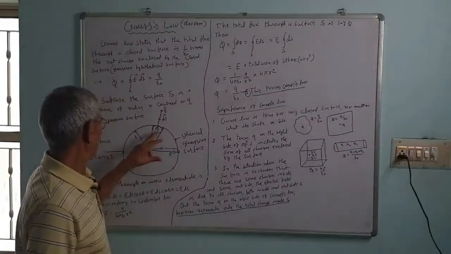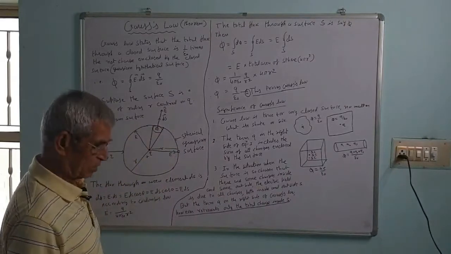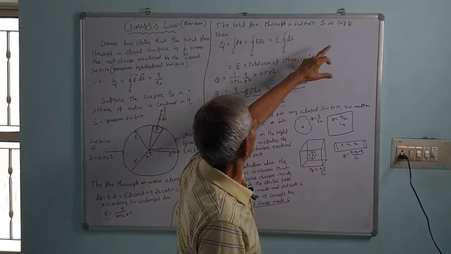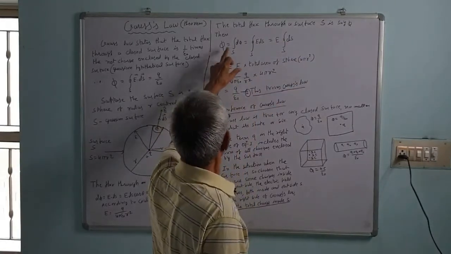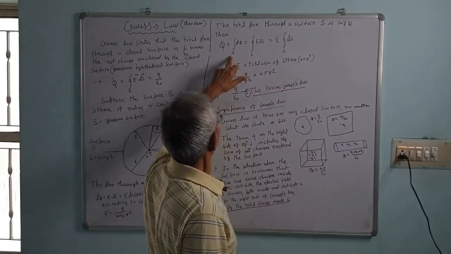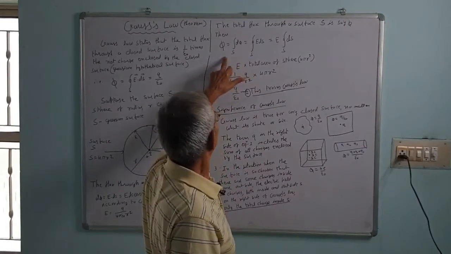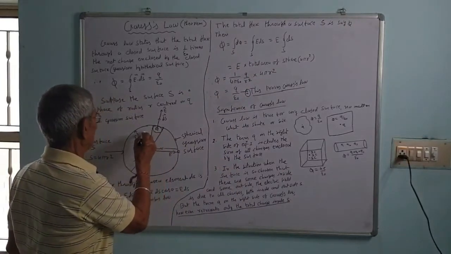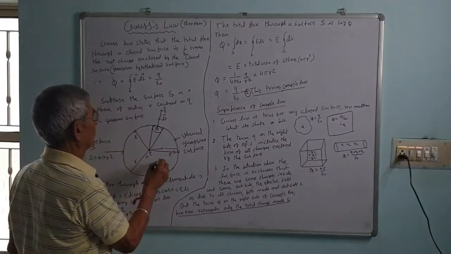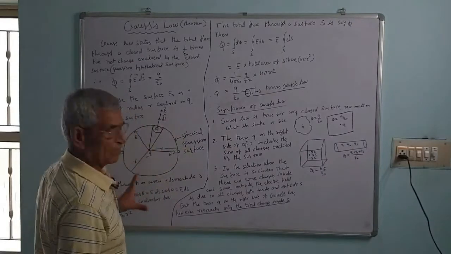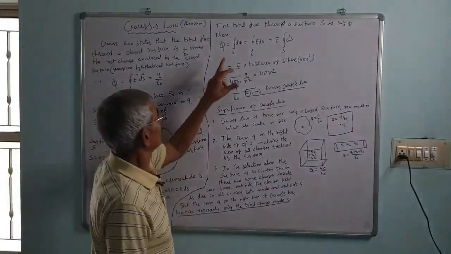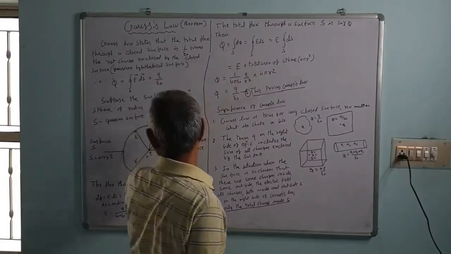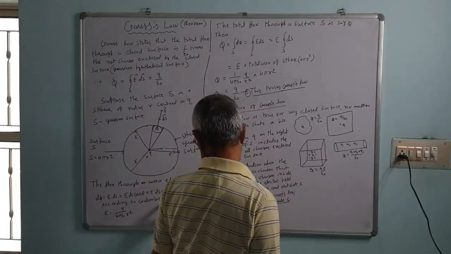Now we want to calculate the flux through the spherical surface S. The total flux through a surface S is say phi, then phi is equal to the integration of d phi over the surface S. You can take small ds, ds1, ds2, ds3, ds4, ds5, all total will give you the area of the surface S. So d phi is equal to E ds, as we have seen.